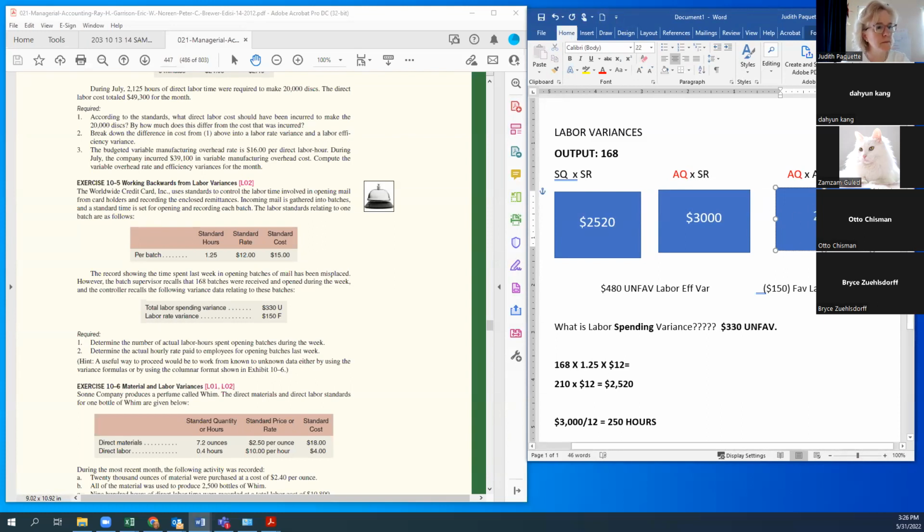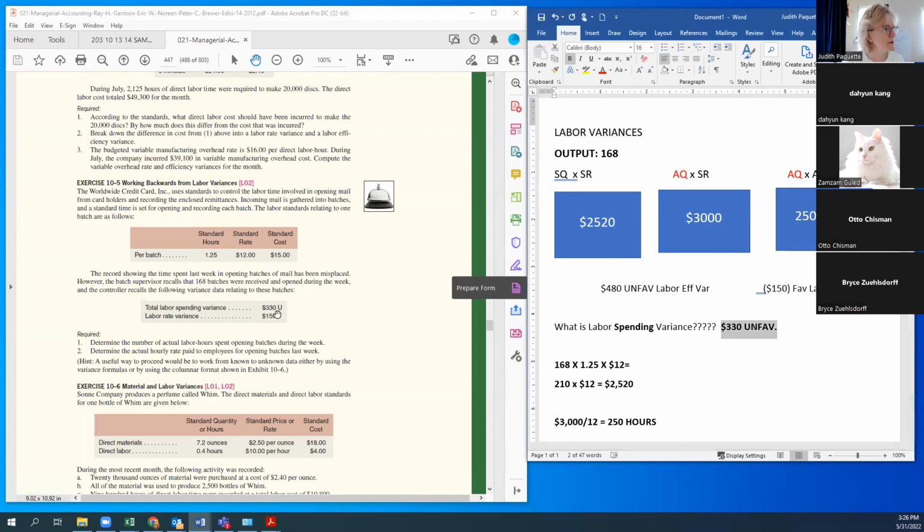Judith, I have a question. Go ahead. For 480, how do we know it's unfavorable? Good question. We knew the combined was 330 unfavorable because the problem gave us that. They said labor rate variance is 150 favorable.